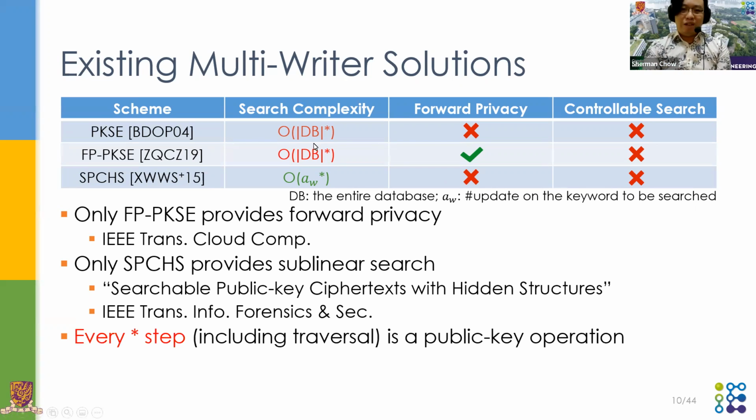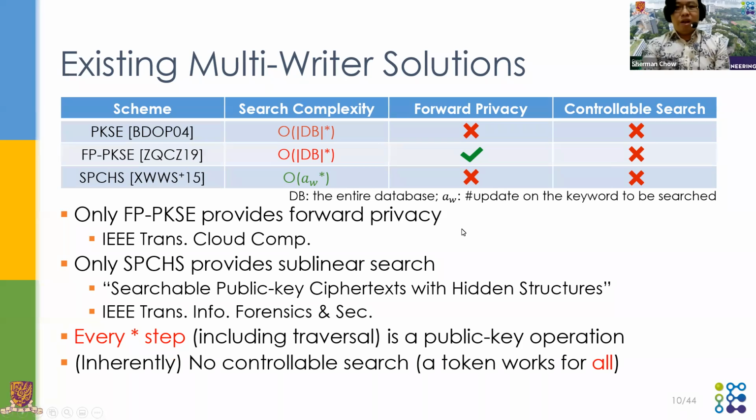But this little star here means that every step, including the traversal step, is a public key operation. So it is sublinear, but also not as efficient as one might hope, because of the public key operations. This proposal is from 2015. Privacy is not yet formalized, and there is no controllable search property. Okay, so that is the status of the research landscape.